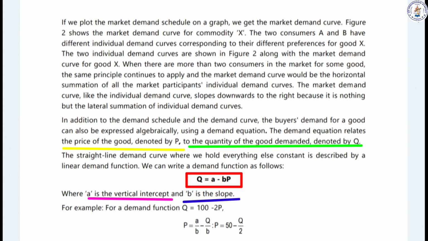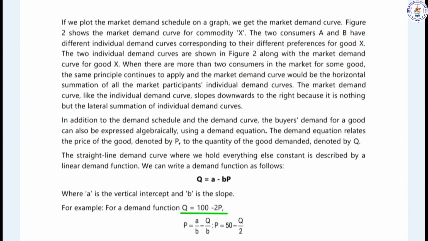Now here, for example, if you say Q is equal to 100, as given in your textbook, I am taking the same example. Q is equal to 100 minus 2P. Now bring the 2P to the other side. 2P is equal to 100 minus Q. You would have done this in the mathematical solving of equations.